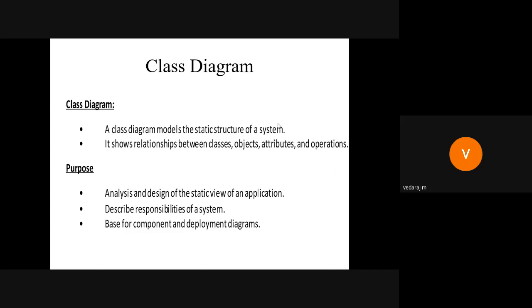The very important thing, why do we go for a class diagram? In the class diagram, it incorporates forward engineering and reverse engineering. Last class we discussed forward engineering and reverse engineering, right? What do you mean by forward engineering?